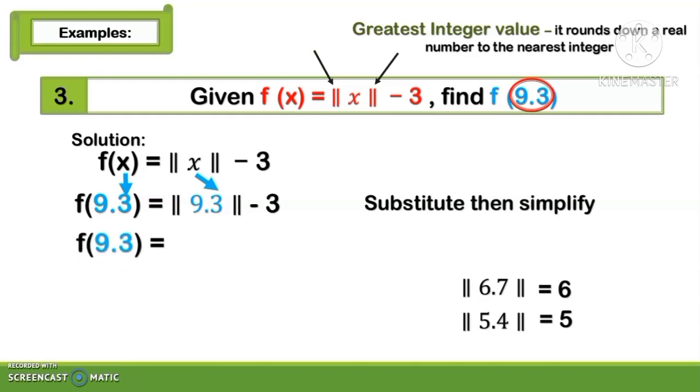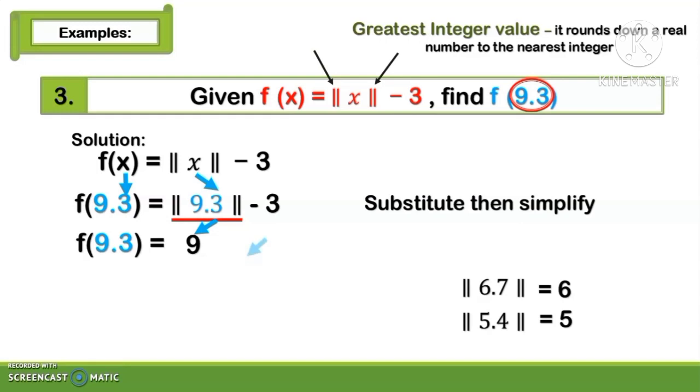Kokopyahin lang natin yung nasa left side, and that is f of 9.3. And that is equal to, i-simplify natin yung nasa right side. Ano ang greatest integer value ng 9.3? Ira-round down natin yung 9.3. It will give us 9.